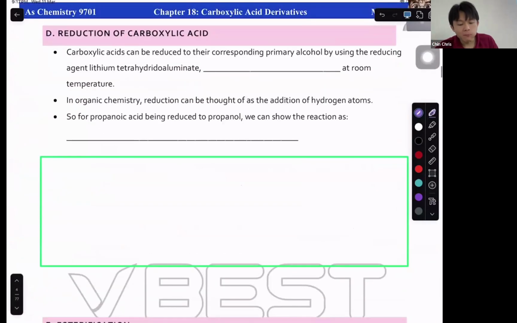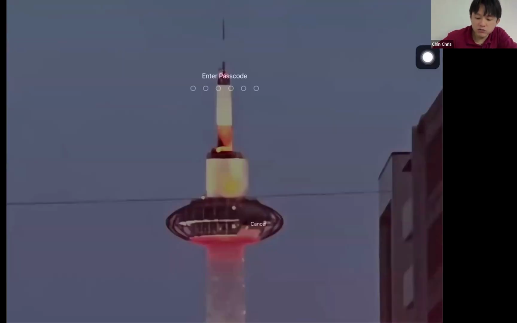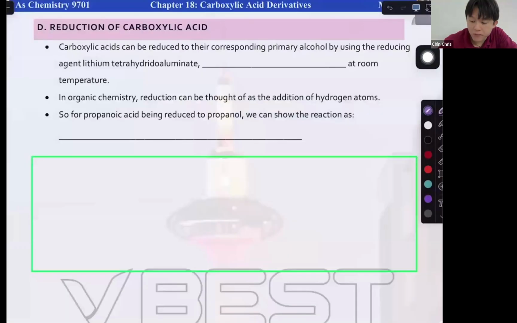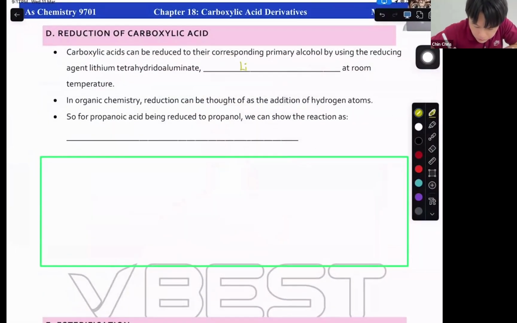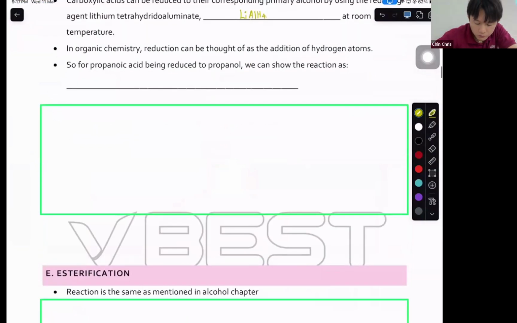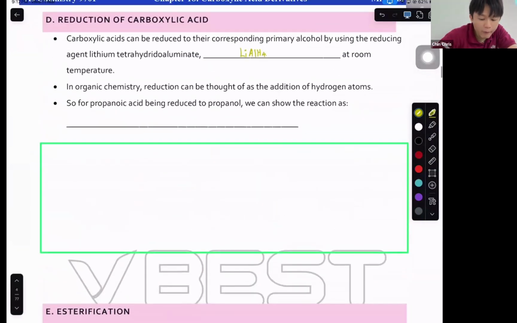Alright, guys, next. Reduction of carboxylic acid. How can we reduce the carboxylic acid, right? It's always using LiAlH4. Reduction of propanoic acid.